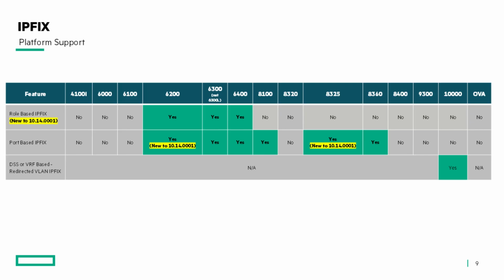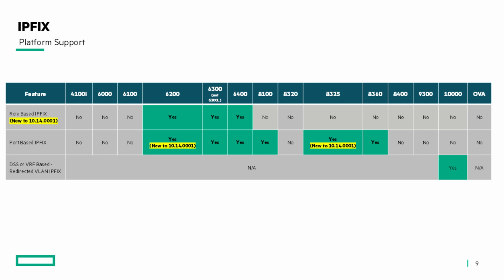Now, platform support, as you see so far, and this particular table talks about what's new in 10.14.001, right? We have role-based IPFIX, which is supported on 6200, 6300, and 6400. This is completely new in this particular release.